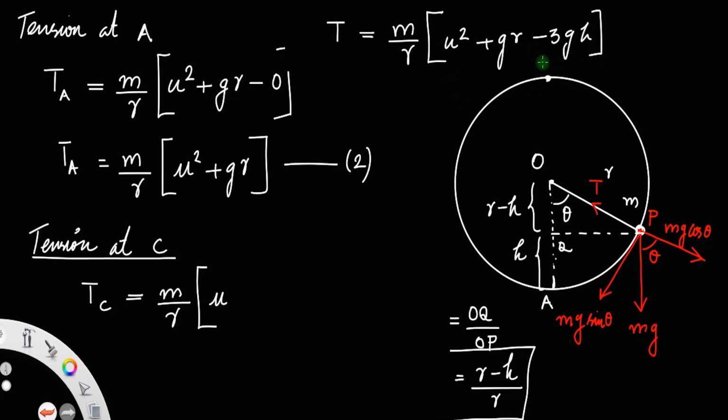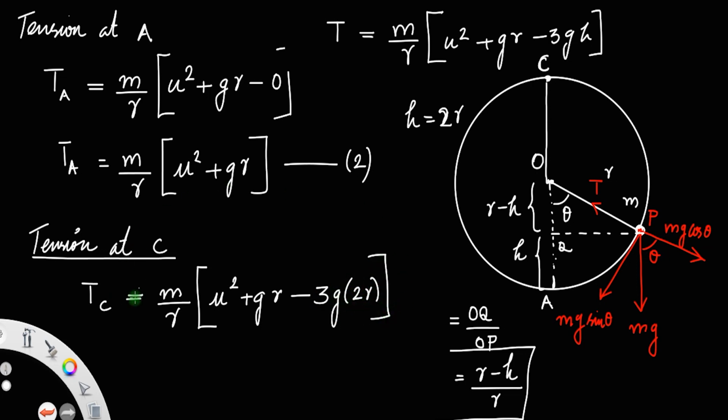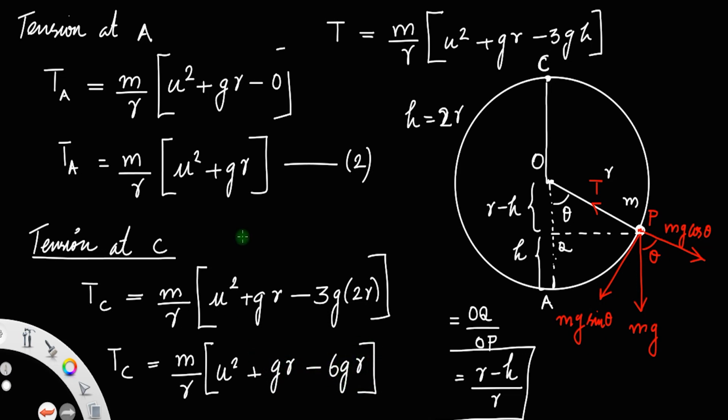Now we are considering the tension at the highest point C. Since at the highest point, h is equal to 2r, you have u square plus gr minus 3g into 2r. So Tc equals m by r times u square plus gr minus 6gr.